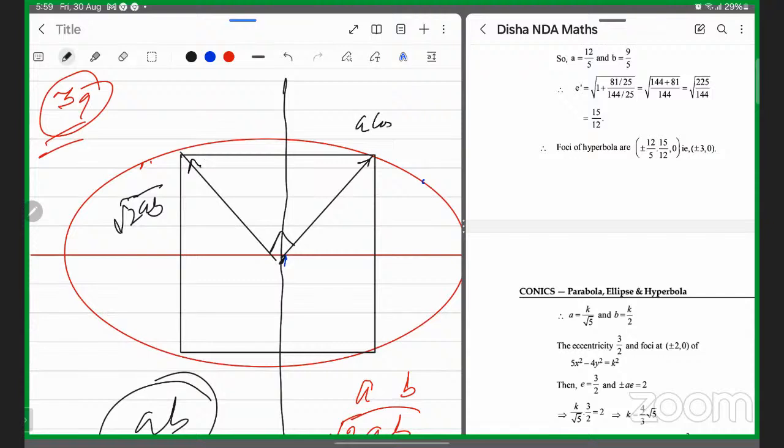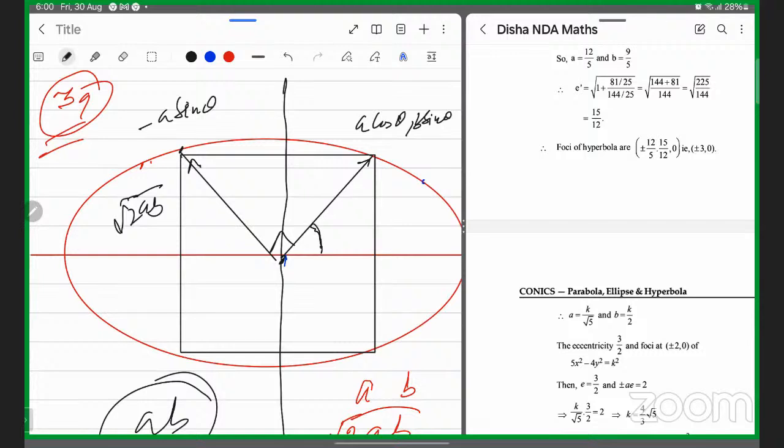So this is A cos theta, B sin theta. Understood? But after 90 degree shifting, you will get this point. So here you will get minus A sin theta.